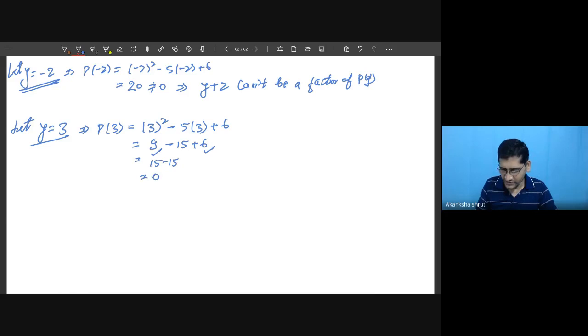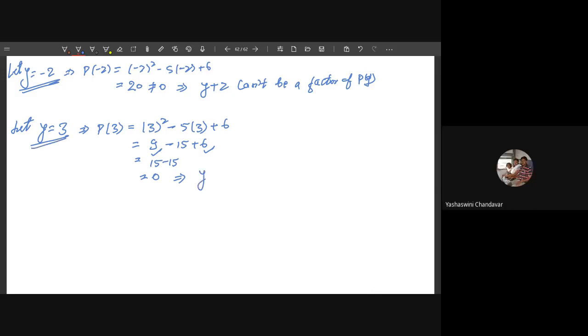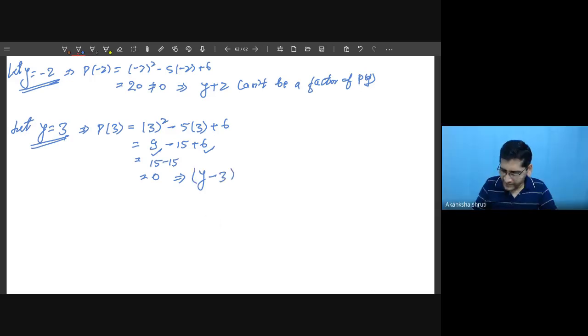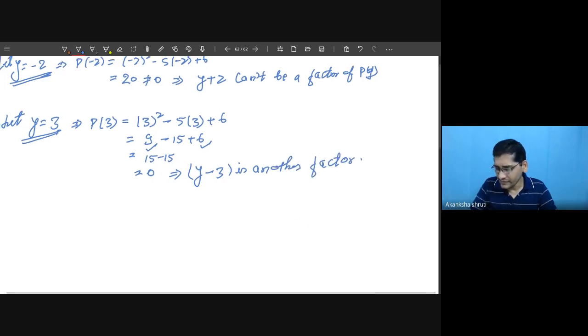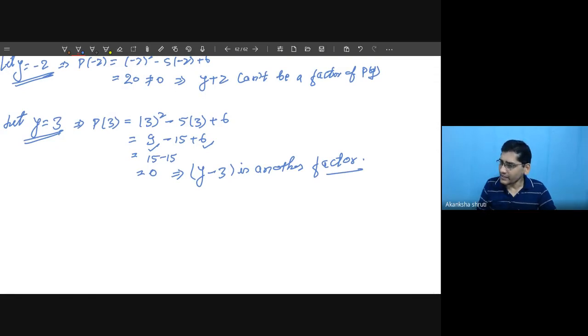This is equal to 0. What does it mean? It means y equals 3 is a zero. It means y minus 3 is a factor of p of y. So y minus 3 is another factor.